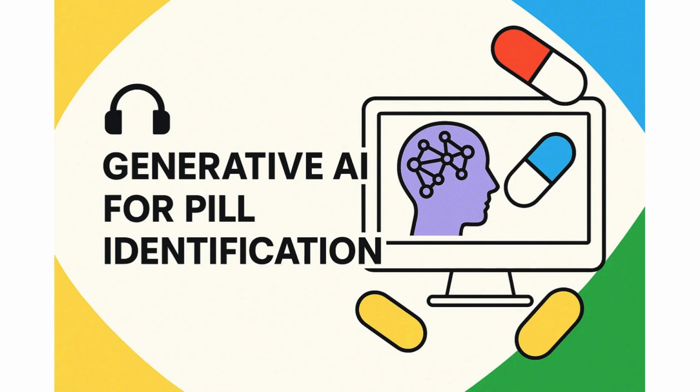Okay, so let's recap this deep dive. Thanks to the report you sent in, we've explored a really innovative use of generative AI, RAG, and agentic workflows, all focused on automating pill identification from images, something often prone to human error. And the promise is significant. Better accuracy, improved safety in how we use medications.